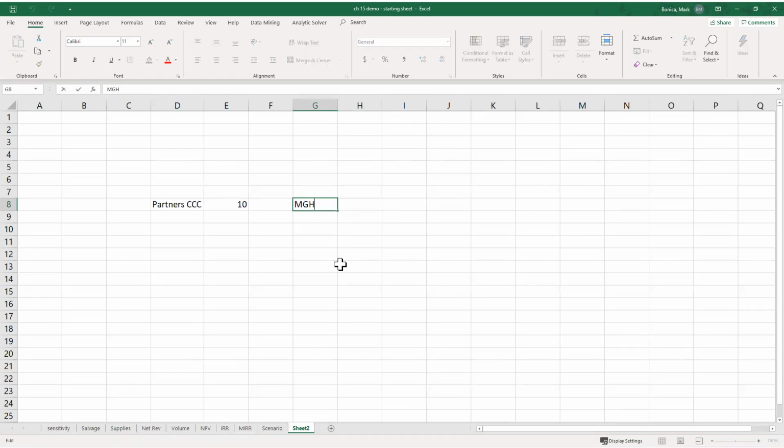So Mass General would be a division of the corporation, and it might have a division cost of capital that is a modification of the parent Partners' corporate cost of capital. And if we assume that Mass Gen is about as risky as the overall Partners, then they would have a cost of capital equal to the parent, right?